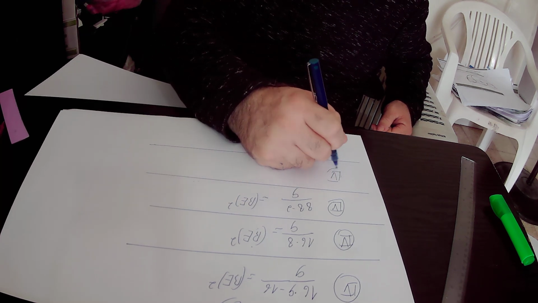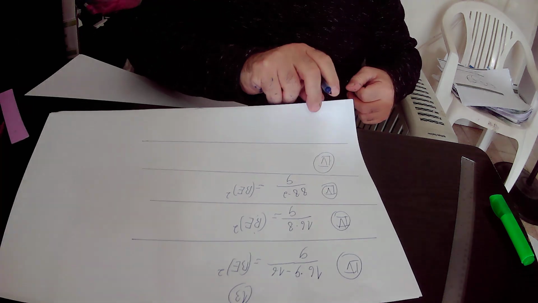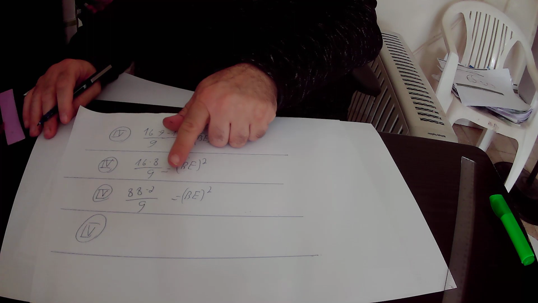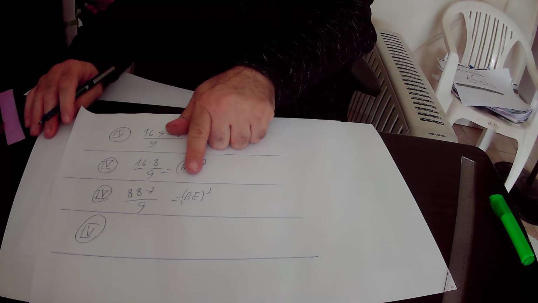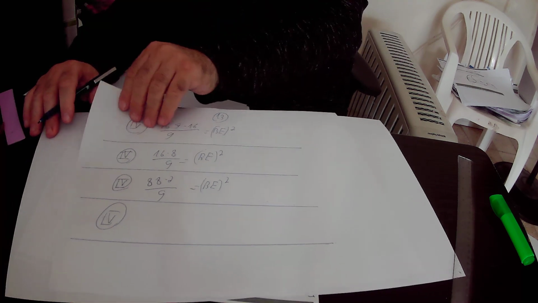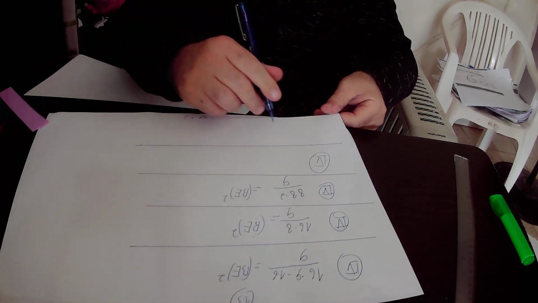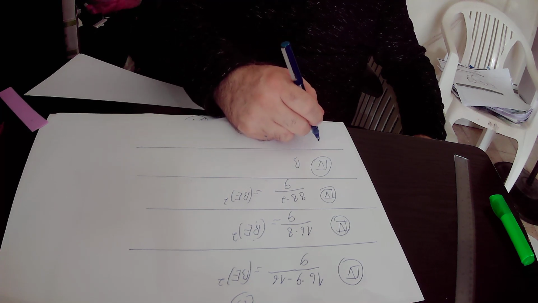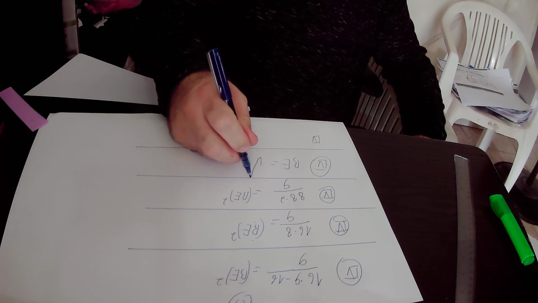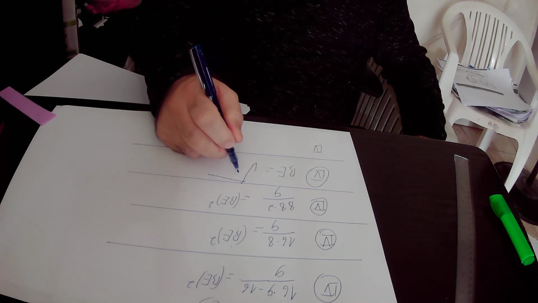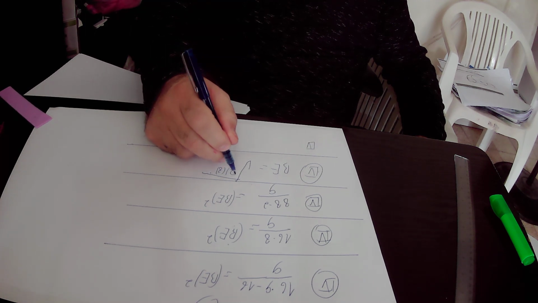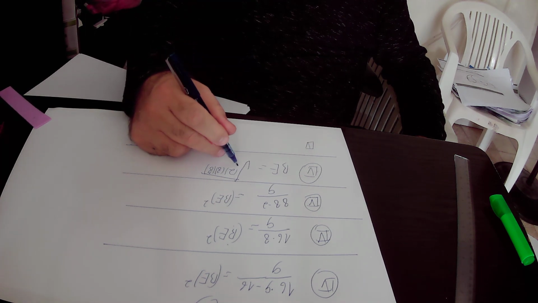So here we'll take a root of equation number 4 and we will get that BE equals the square root of 2 times 8 times 8 over 9.